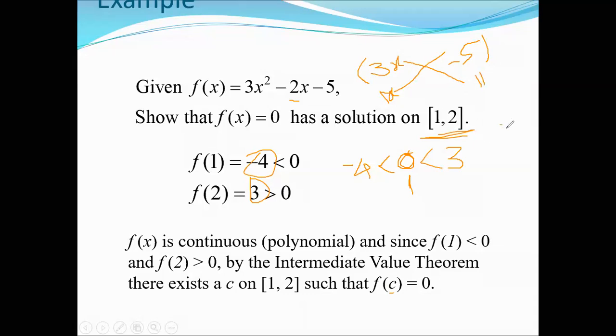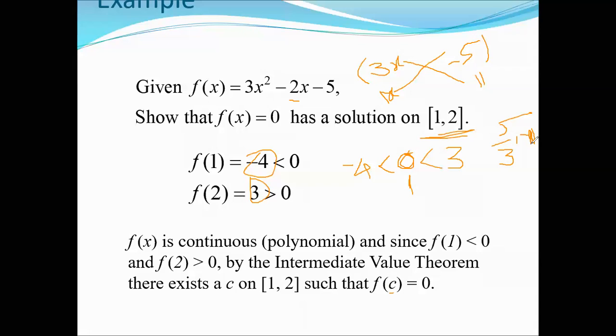So the value of x is 5 by 3, and x is equal to minus 1. So these are two roots, 5 by 3 and minus 1. Now out of 5 by 3 and minus 1, minus 1 is outside the interval 1 to 2, but 5 by 3 obviously is greater than 1 and less than 2, because 5 by 3 is something like 1.666.